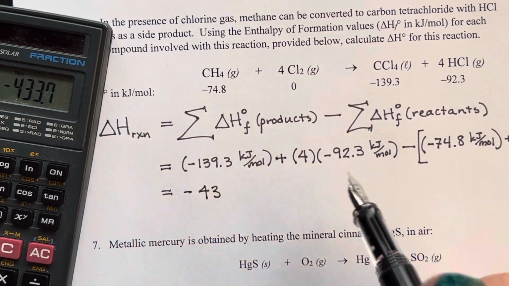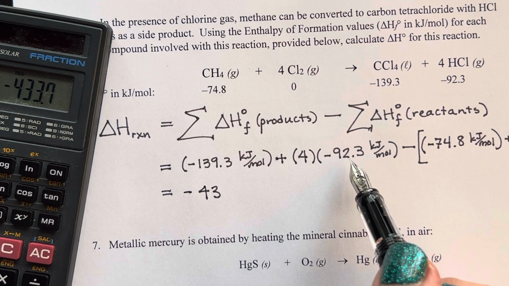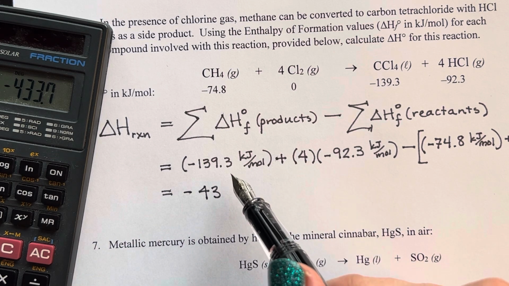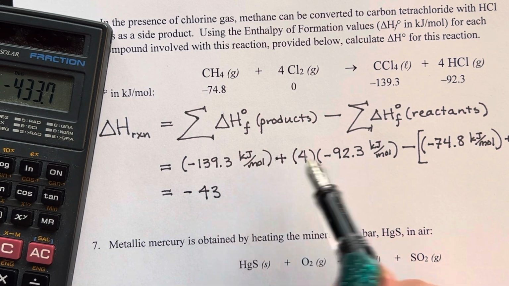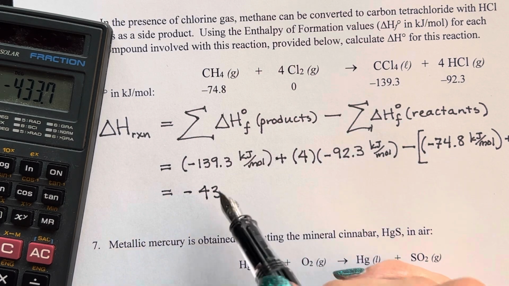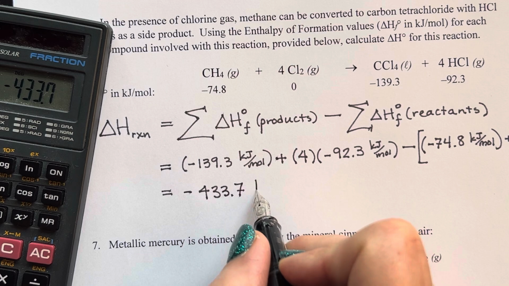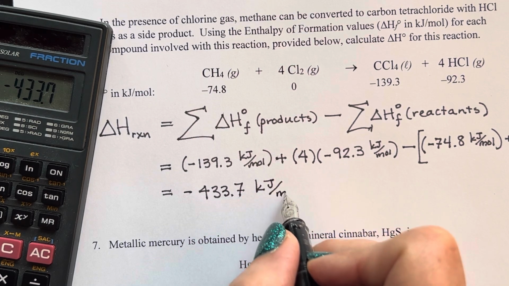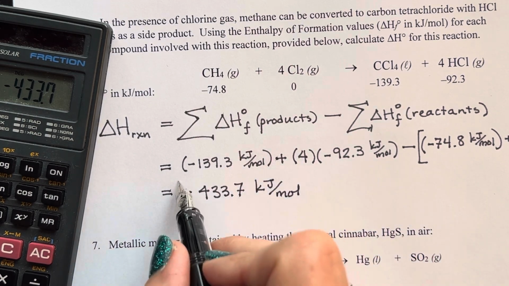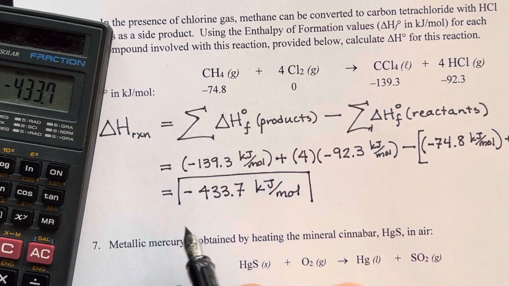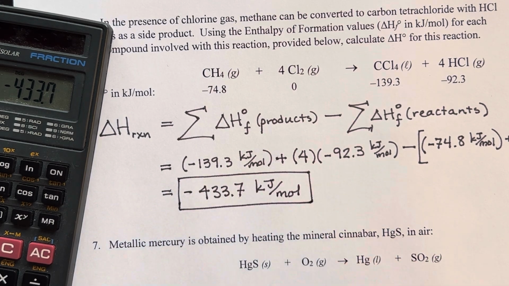Let me just double check in terms of sig figs. It looks like we get to keep the 1 past the decimal point, so 7 kilojoules per mole. Okay. Awesome.